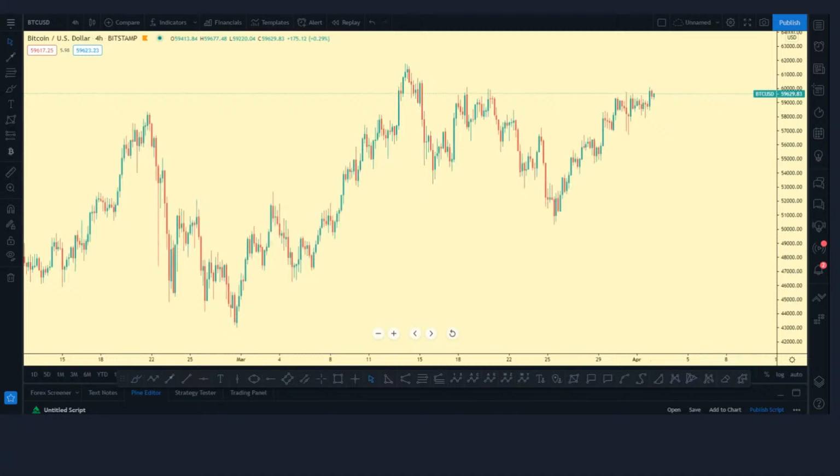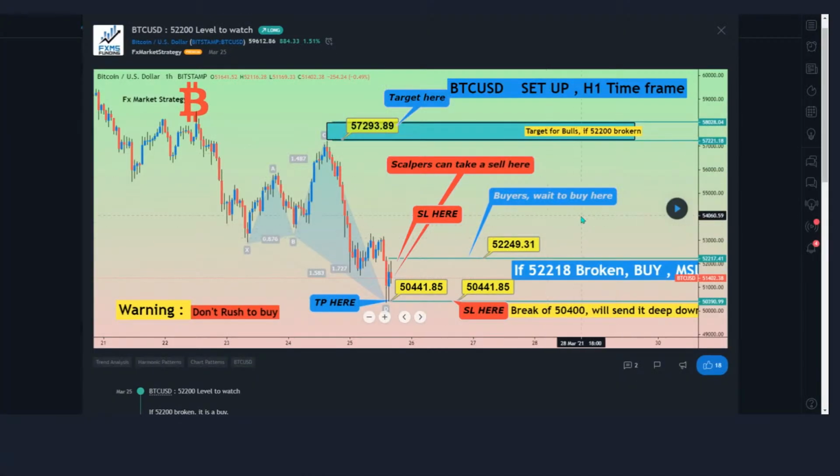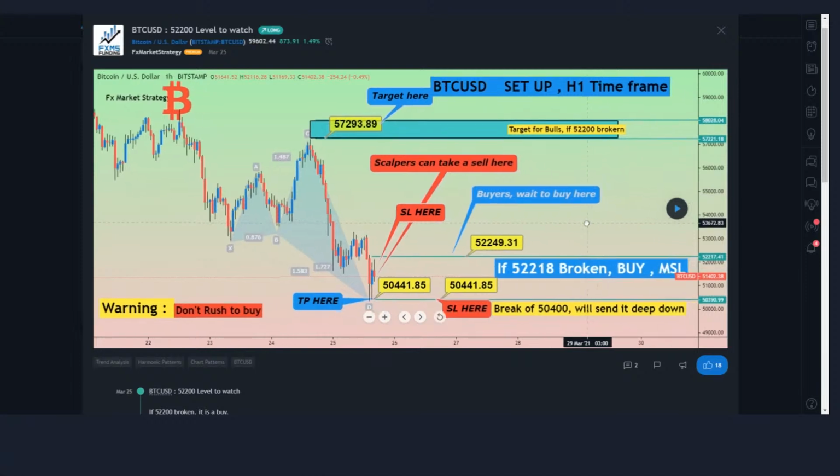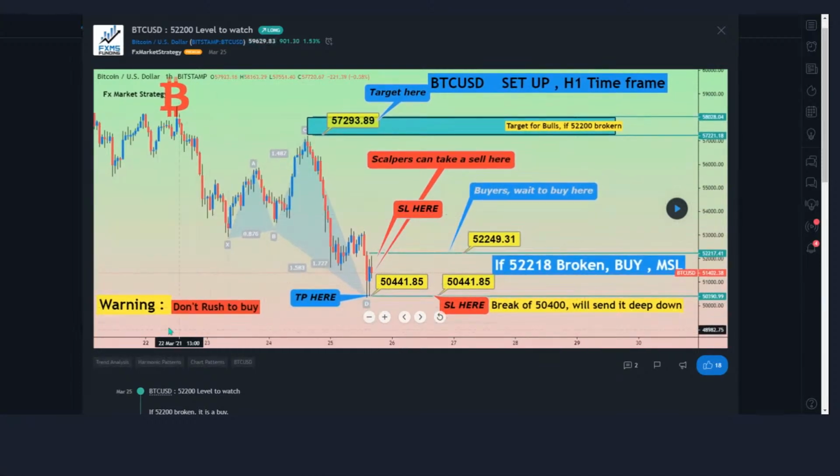Okay, guys, let's just jump into the other trade we've had. So that's the previous Bitcoin analysis we put together. That was a full technical analysis right here. It's giving you all the information you need. Warning, no rush to buy because the price was still here.